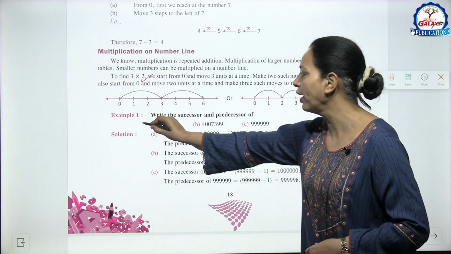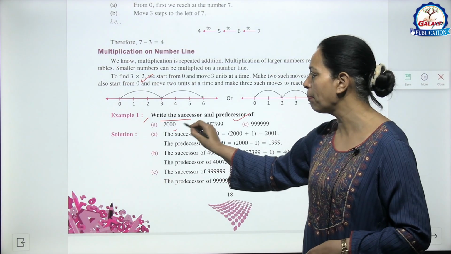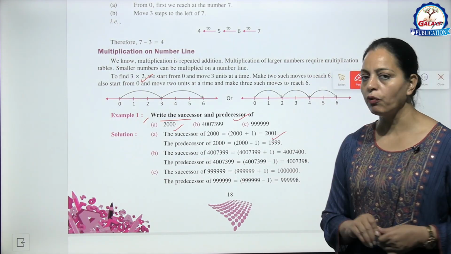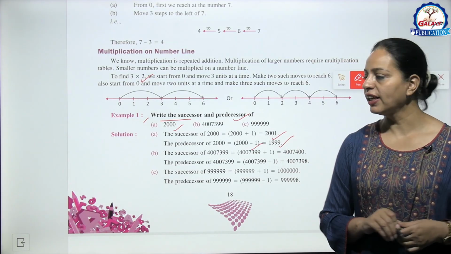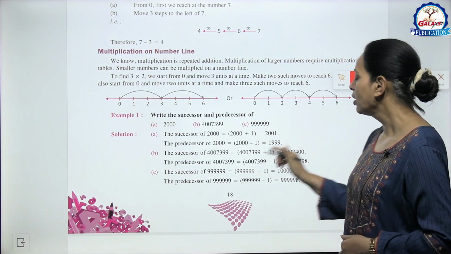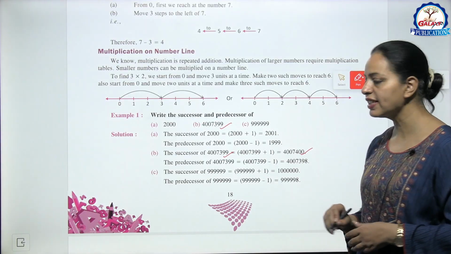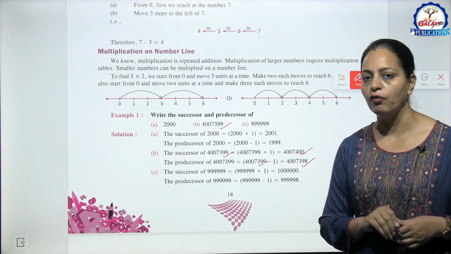See example 1. Write the successor and predecessor of, like A part 2000, successor plus 1 2001, predecessor minus 1 1999. Now come to B part, plus 1 we are getting its successor. Now predecessor minus 1 कर देंगे, this is the value.